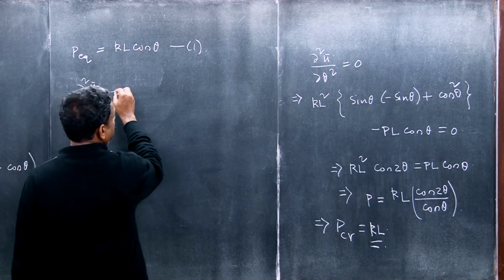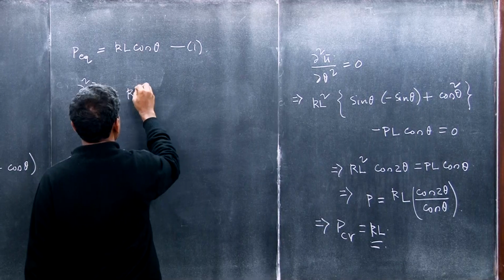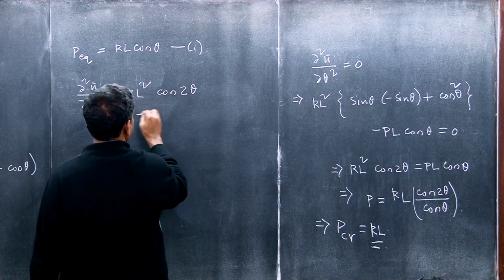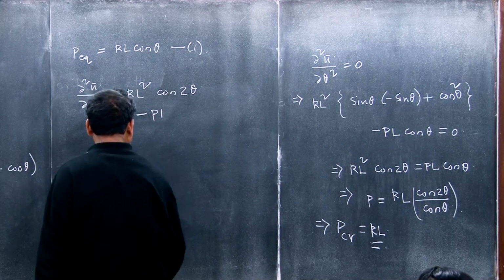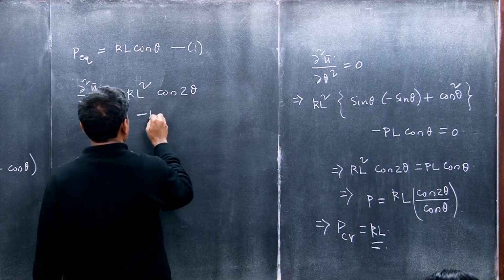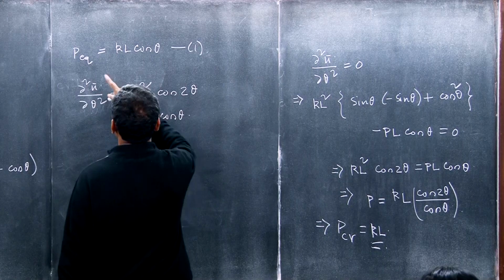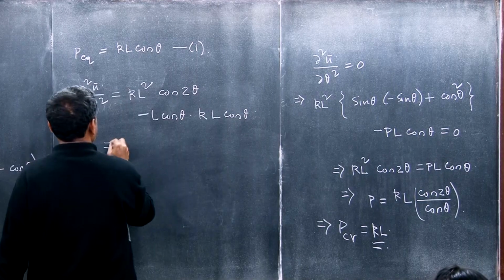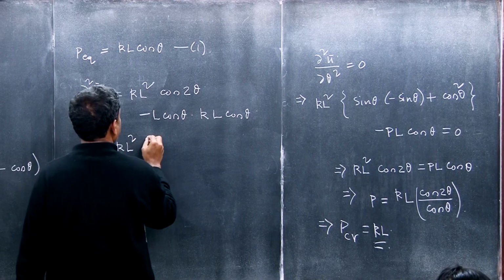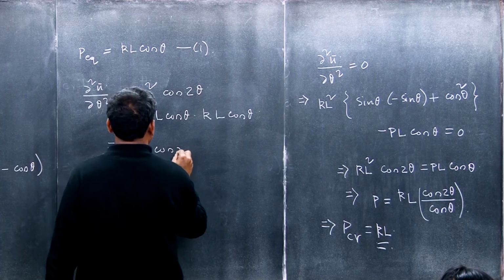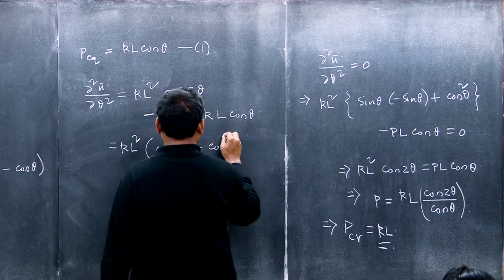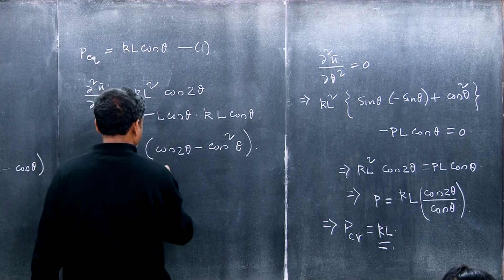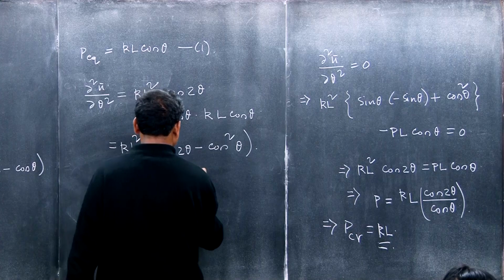And del 2 pi del theta 2 will be nothing but K L square cos 2 theta minus P L cos theta, and P is nothing but K L cos theta. So, K L square cos 2 theta minus cos square theta, and this is nothing but minus K L square sin square theta, right.